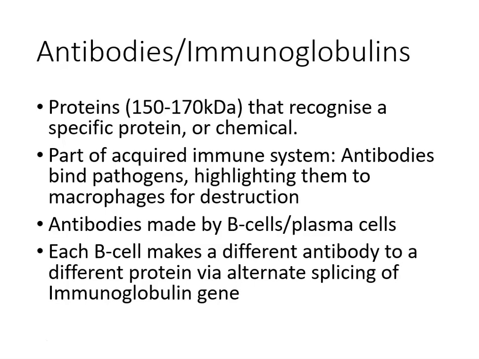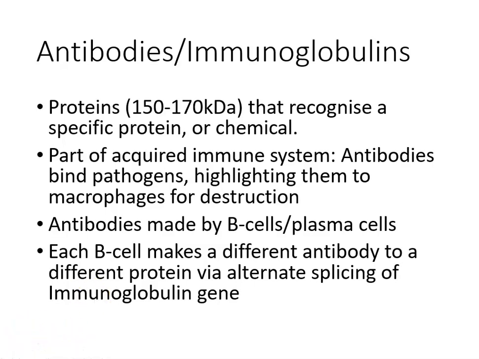And a single antibody will recognize a single specific protein or chemical or epitope. It doesn't have to be a protein, it can be any moderately sized thing. So you can get antibodies that will recognize relatively small chemicals such as steroid hormones with a relative mass of a couple of hundred, or you can get antibodies that will recognize one small portion or epitope of a large protein.